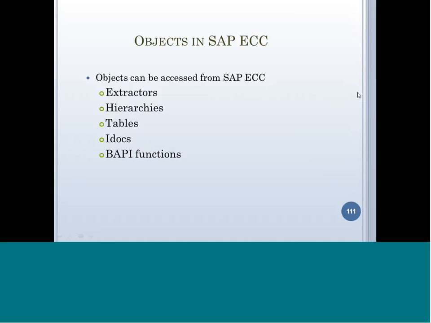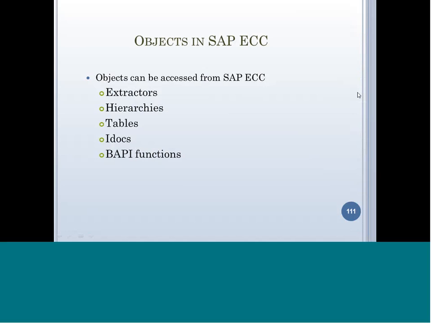These are the objects that we can extract from SAP ECC: something like extractors, hierarchies, tables, IDocs, and BAPI functions. In our session, we will see that in most companies and most projects, we will be using the tables as our data sources.